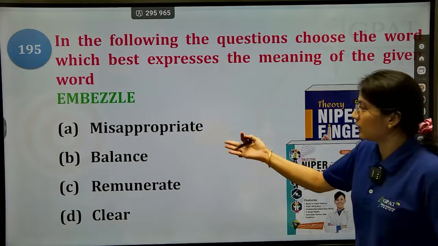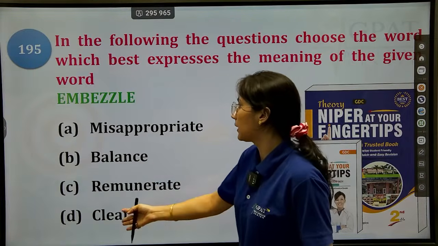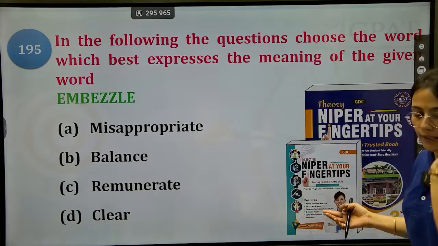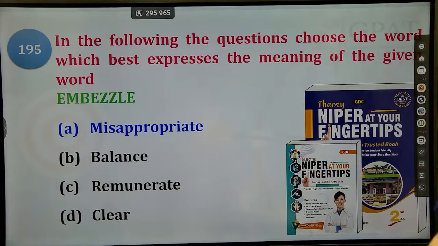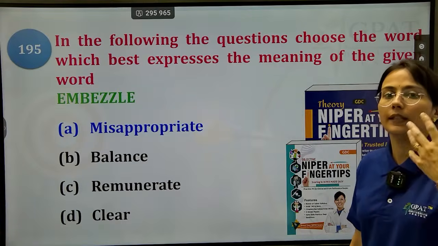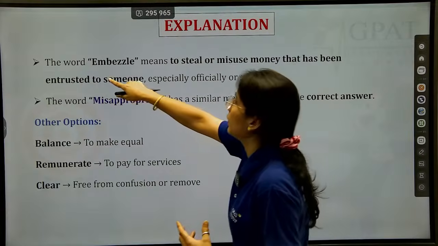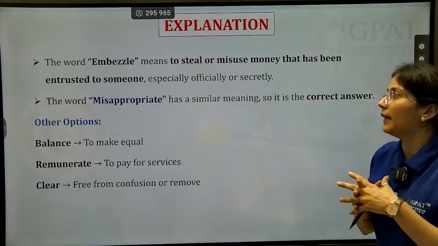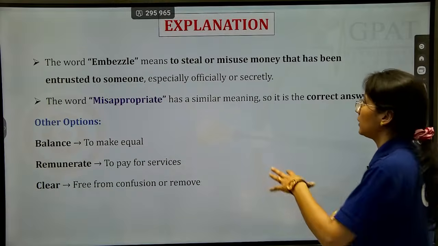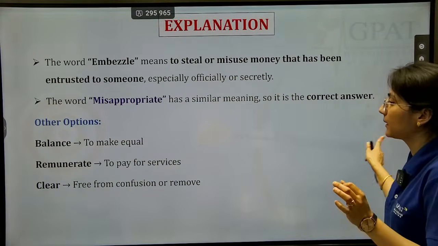You have 4 options: misappropriate, balance, remunerate, clear. So the answer is option A, misappropriate, because embezzle means to dishonestly take money. The word embezzle means steal or misuse money that has been entrusted to someone, especially officially or secretly. So the word misappropriate has a similar meaning.